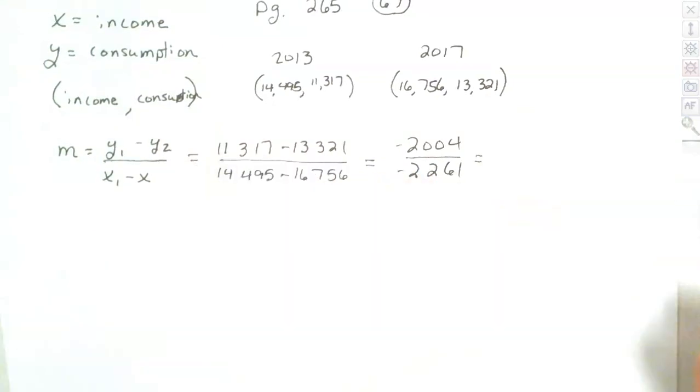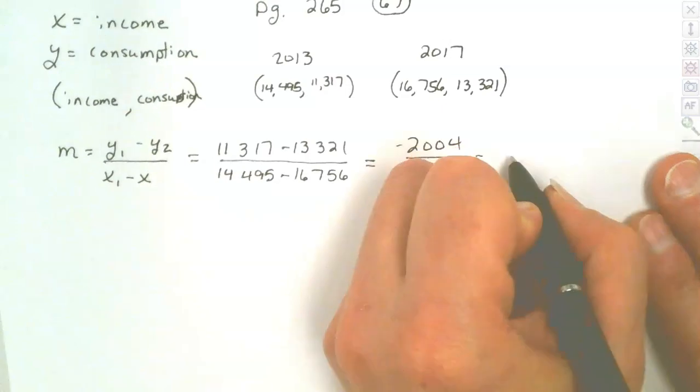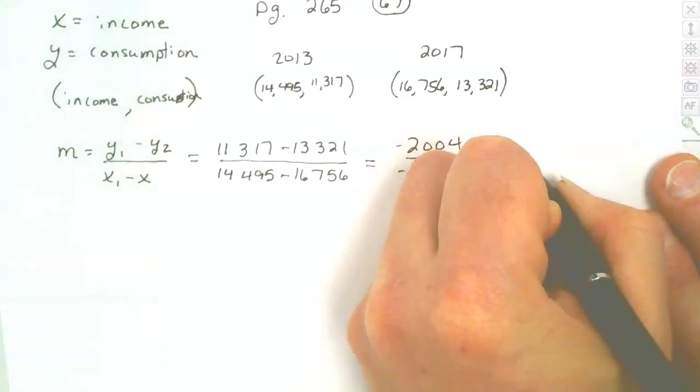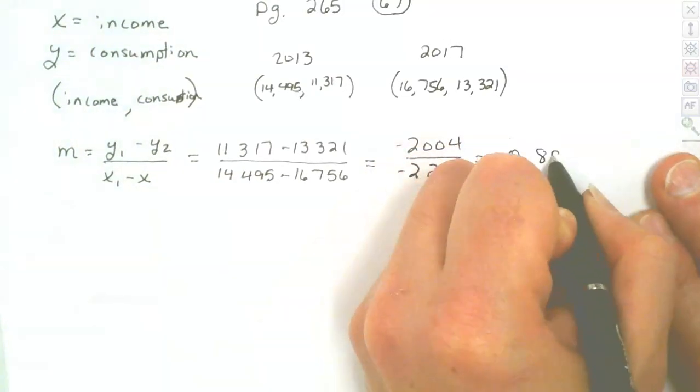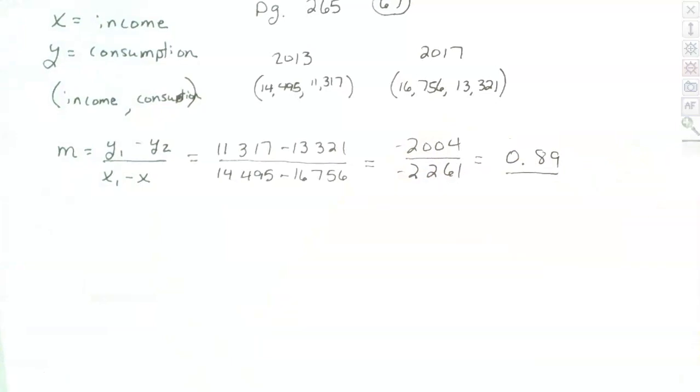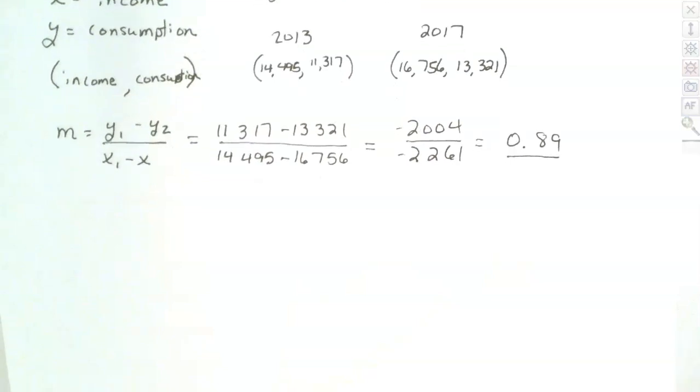We'll divide those out, and that comes out to be a positive 0.89 if we round. That's going to be close enough. We could take it out further, but I think for our case, 2 places is going to be enough for us.